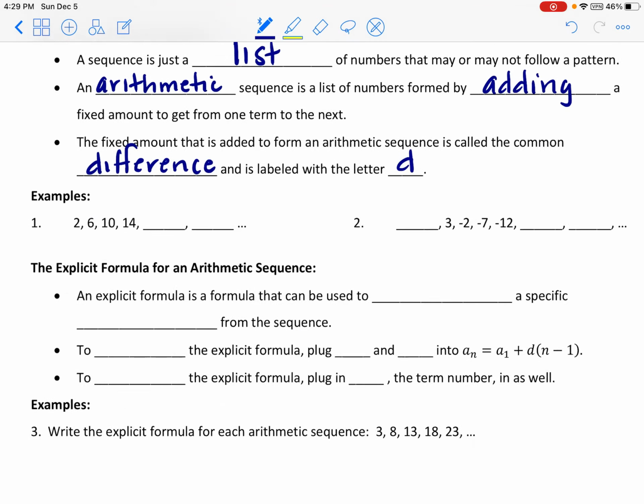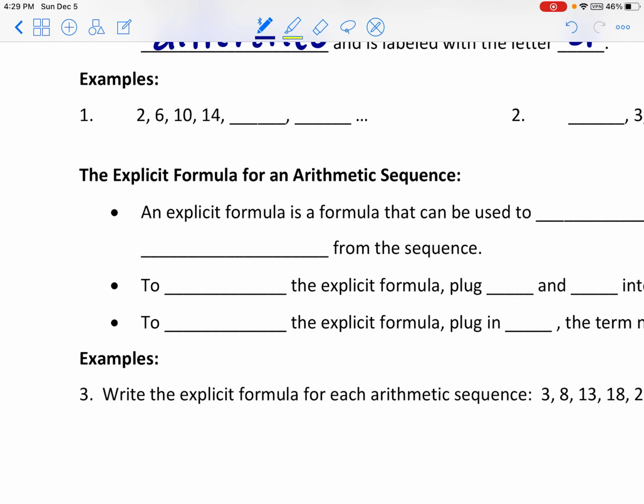So for example, let's say we're looking at this list here: 2, followed by 6, then 10, then 14, and so on. We should be able to complete the list and find the pattern to do so. I can see here that I'm adding 4, and then adding 4 again.